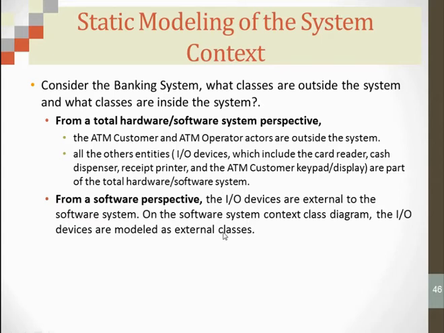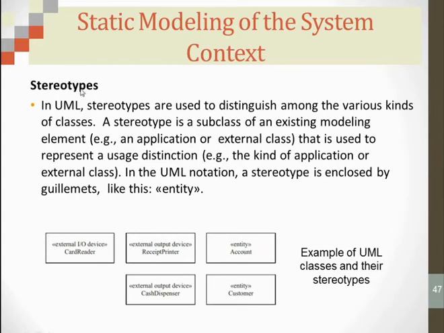So by using stereotypes, we distinguish the different types of classes. A stereotype is just a label on the class saying what type of class it is. We add the label before the class name, between two quotation marks, left and right.